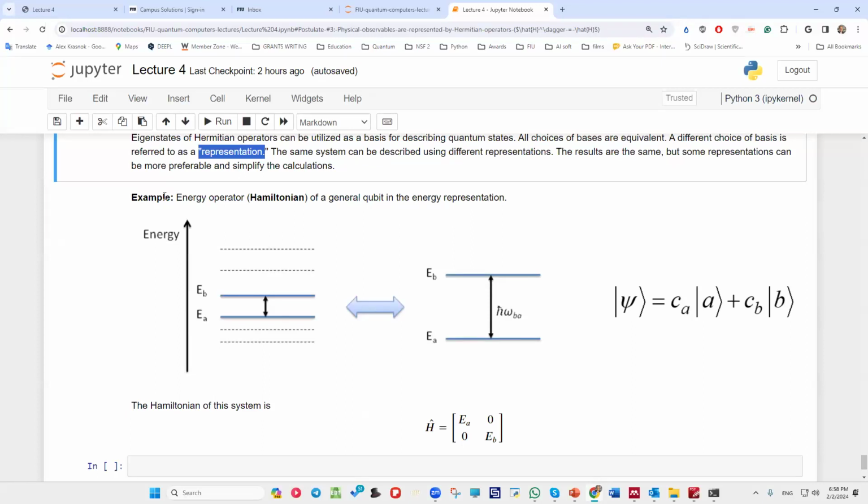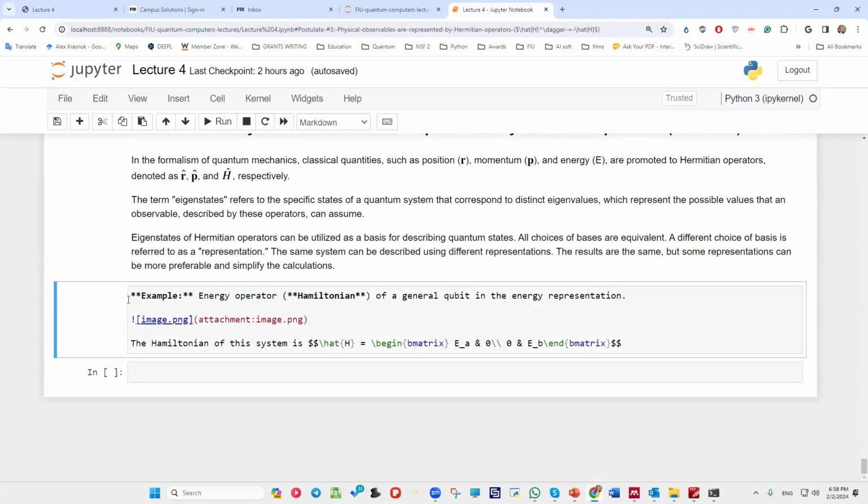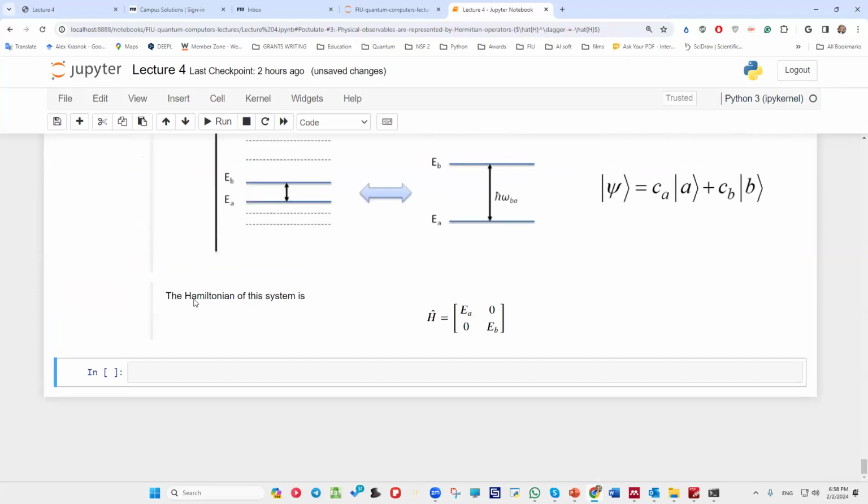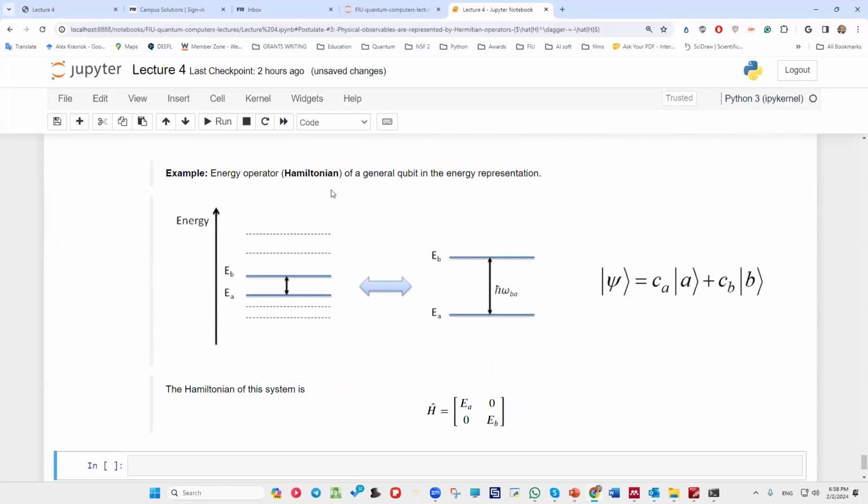So let me actually put, since I always use these lines here for the example, the Hamiltonian of a two-level qubit system. As we said, the qubit is a system with two states, and it can be energy states.